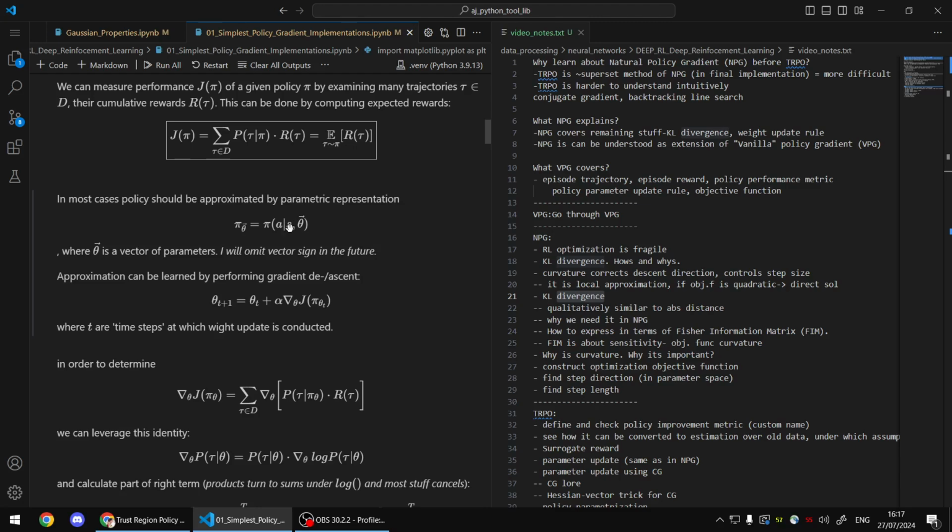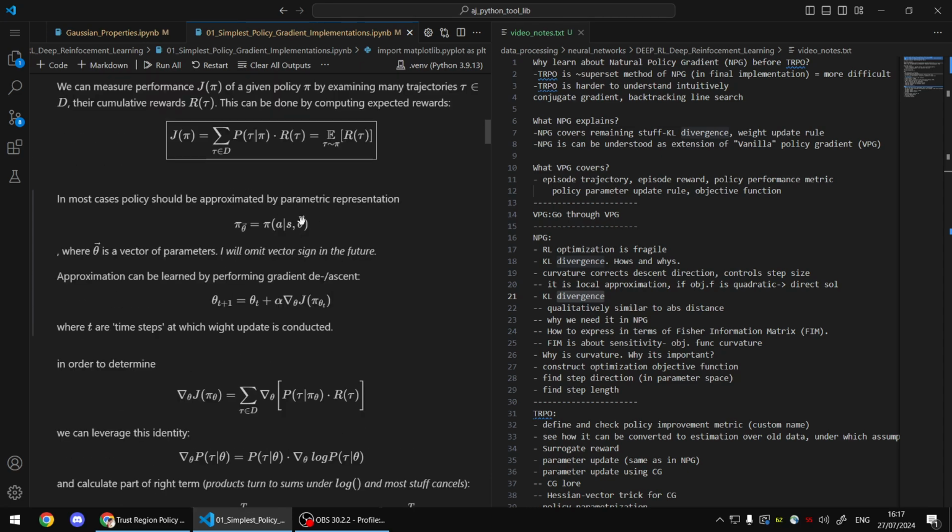We give it a state. We can ask, for a given state, what is the probability of taking this action. It will return us the probability. We can ask it to give us a distribution over actions from a given state, probability distributions, right?